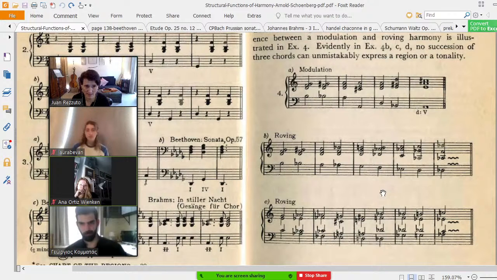You see that you don't have a sense of where you are going. From here, you don't have any clue of where you're going to go. So function-wise, this one and this one are not clear. The device that they used was basically voice leading, chromatic notes. That's roving harmony.